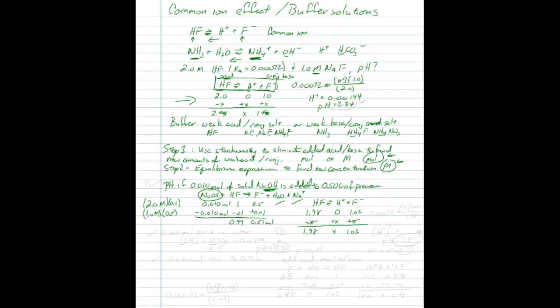Plug that into the equation. 0.00072 equals the hydrogen ion times the fluoride, which is 1.02, divided by 1.98. Do the math.